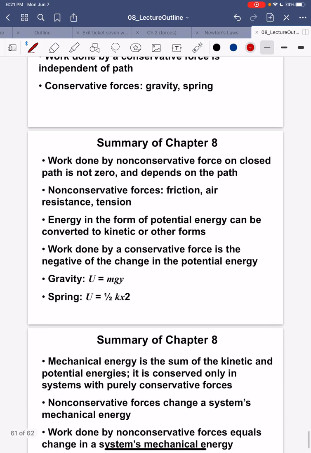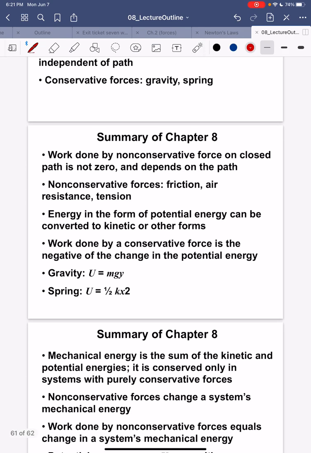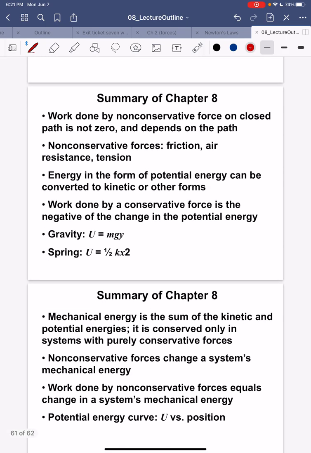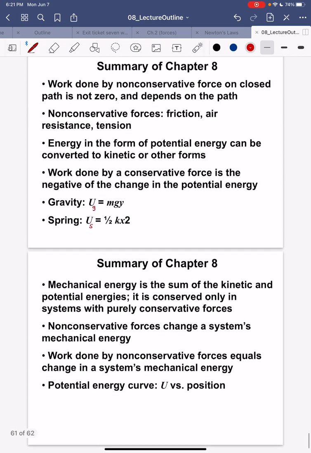Energy in the form of potential energy can be converted to kinetic or other forms, and the work done by a conservative force is the negative of the change in its potential energy. The gravitational potential energy is U_G equals mgy, and for the spring U_S equals 1/2 kx squared. Mechanical energy is the sum of the kinetic and the potential energies, which includes U_S plus U_G.